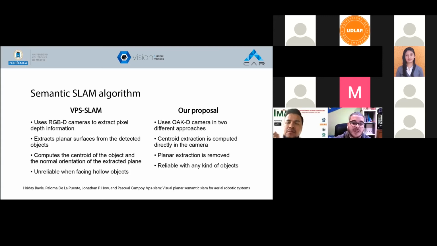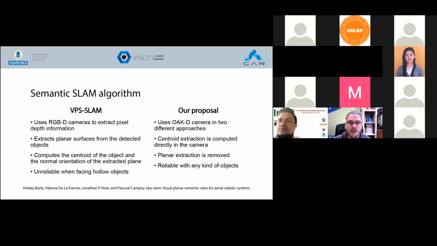With this information, it can calculate the centroid of the object and the normal orientation of the obtained plane based on the density of the points. This approach has one major problem, and it's again that it does not work with every shape of object. For example, objects with gaps or objects that do not contain planar surfaces don't work well with this approach.